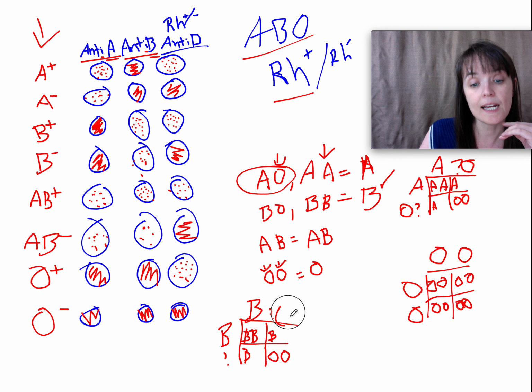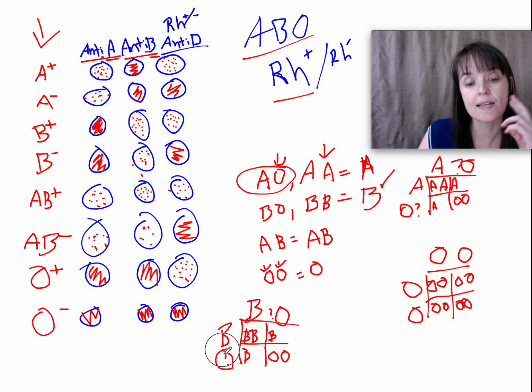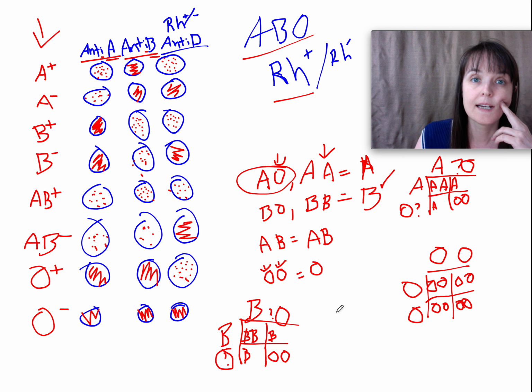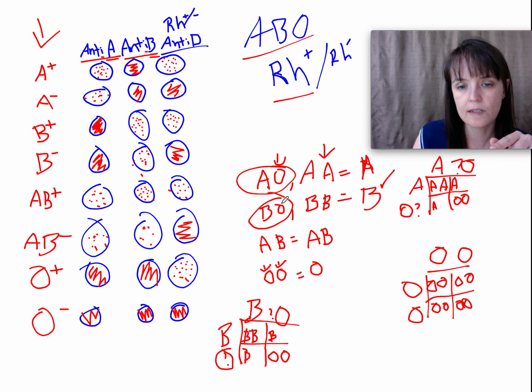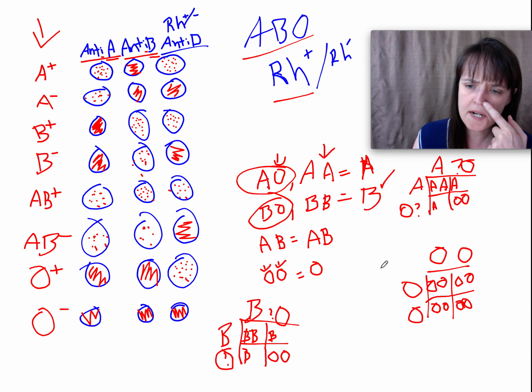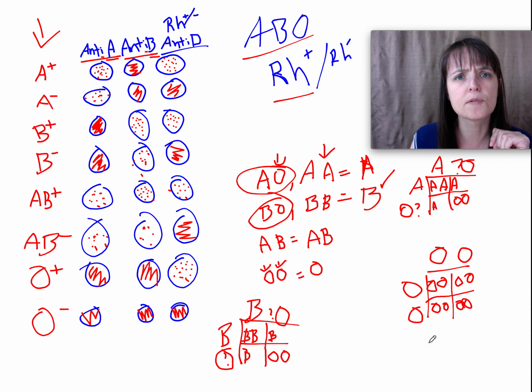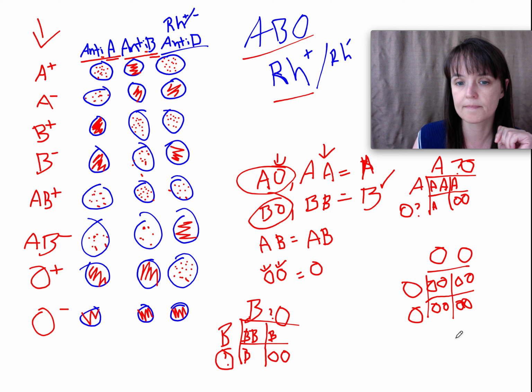The answer is yes, if both parents have that hidden, sneaky, recessive type O that they are quote-unquote carrying. So it is possible for 2 type B parents to have a type O kid if they are both BO, which is heterozygous, because they have hetero, different, as opposed to homozygous, which means same. But it is not possible for 2 type O individuals to have a type B kid.